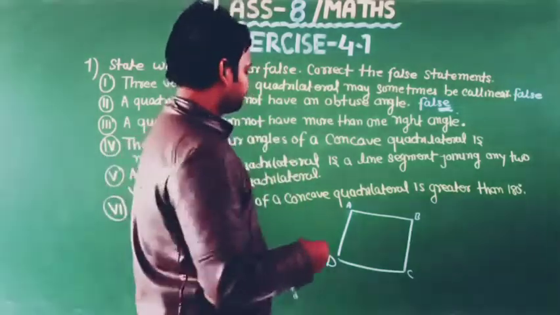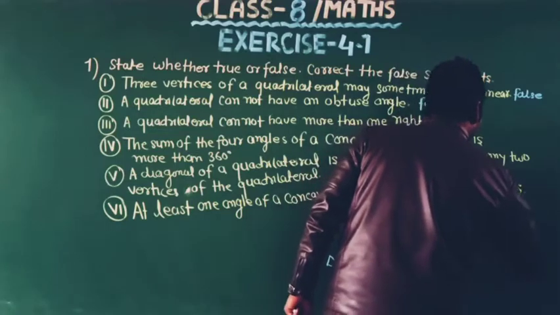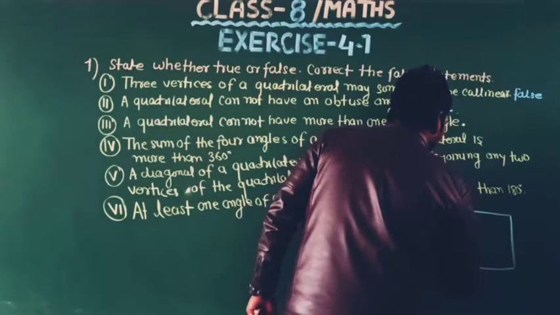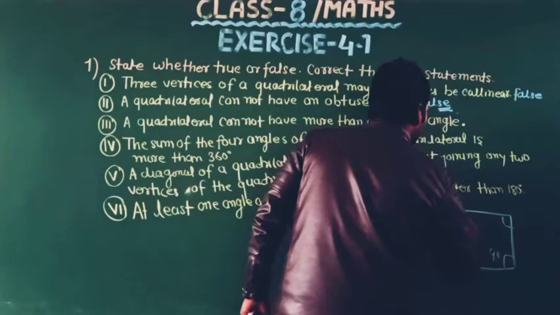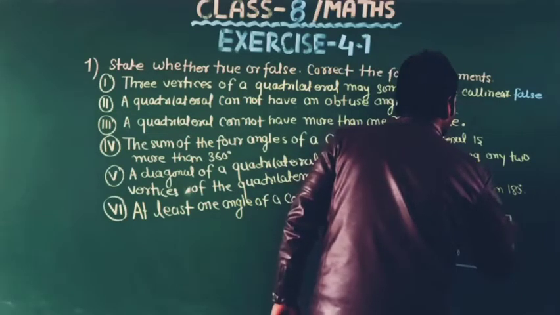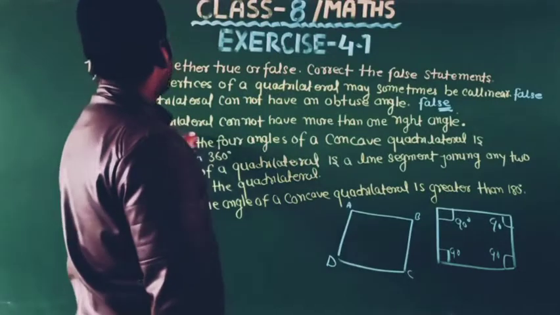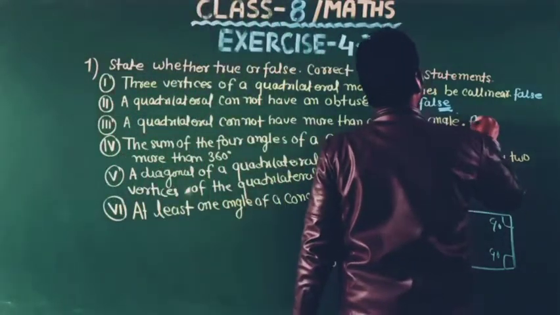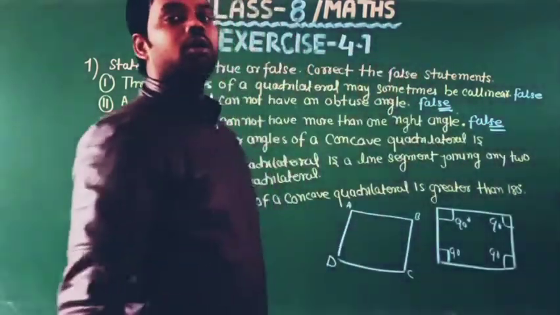For example, a rectangle has each angle 90 degrees, so here we have 4 right angles. This statement is false.